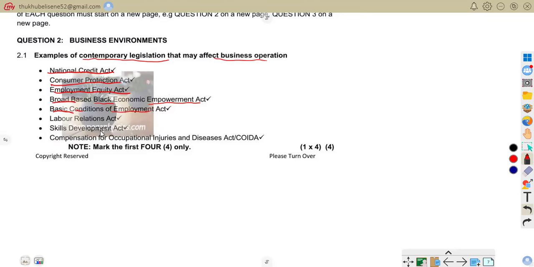Labor Relations Act also is one of the contemporary legislation. It governs employer-employee relationships. You can talk of unions, disputes, strikes.